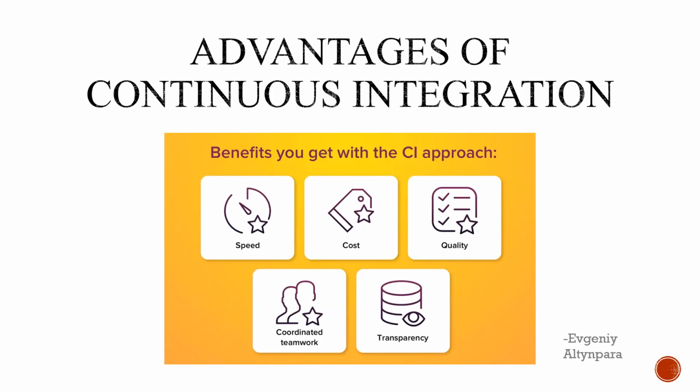Let's look at the advantages of CI. CI enables a quick feedback mechanism on the build results. It helps collaboration between various developer teams within the same organization. It decreases the risk of regression since the code is often checked by other developers.